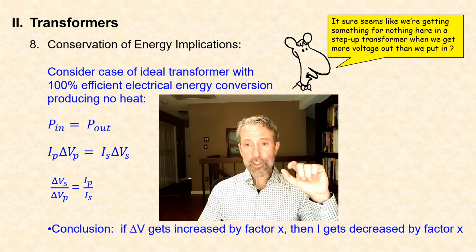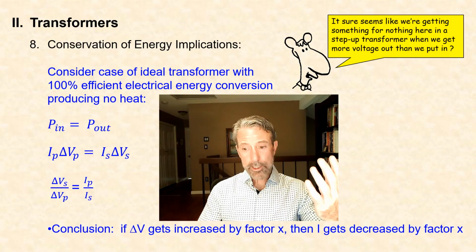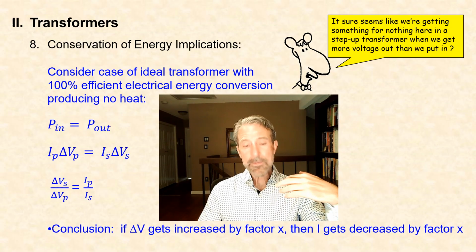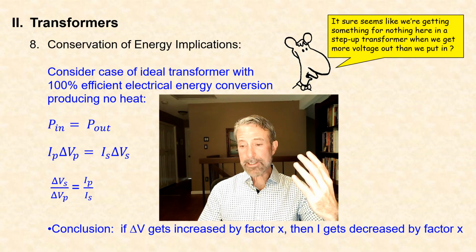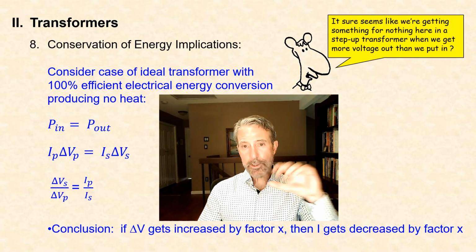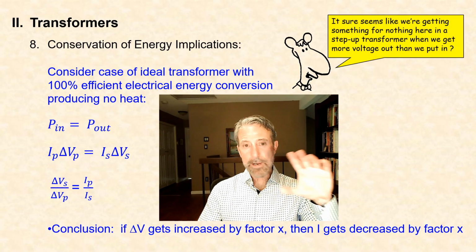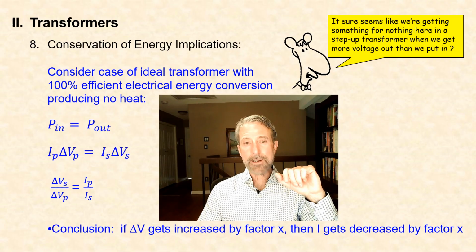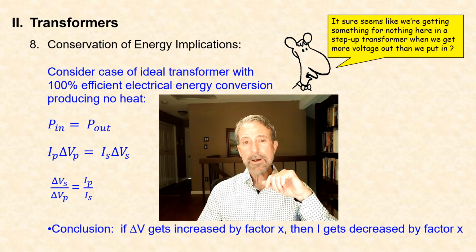True, you can make a trade-off. You can get more voltage out than you put in, but this comes at the expense of getting less current out than you put in. So this is how we can see that we are not violating the law of conservation of energy here.